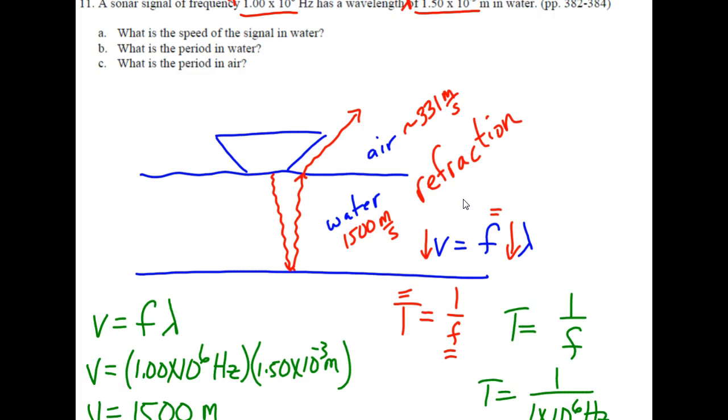So the speed changes, the wavelength changes, the angle at which it enters and exits the boundary between the two media changes, but the wave characteristic that does not change during refraction is frequency. Well, if frequency doesn't change, and period is the inverse of frequency, that means the period does not change either.